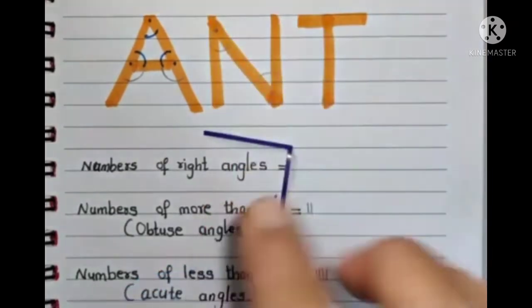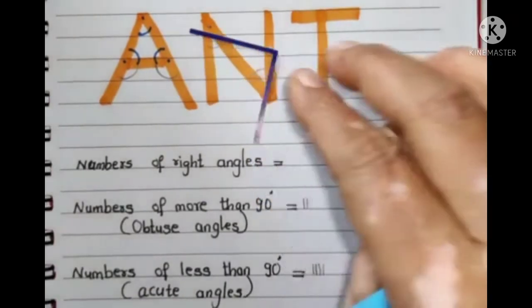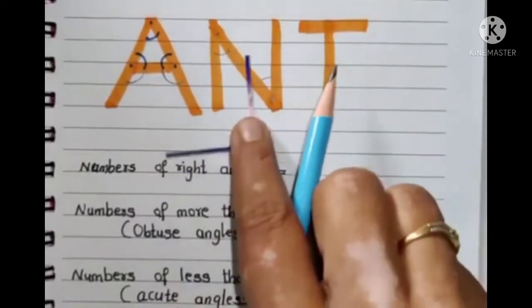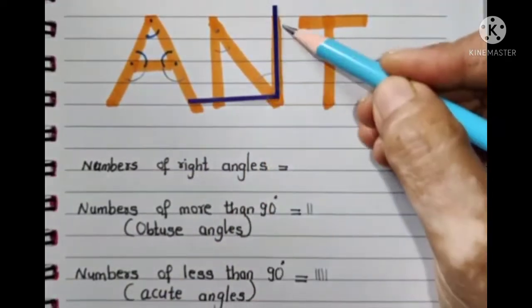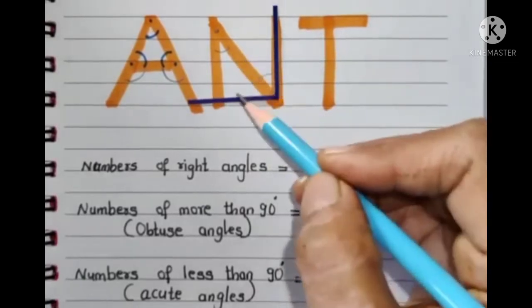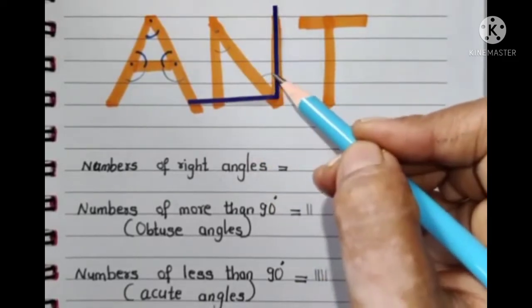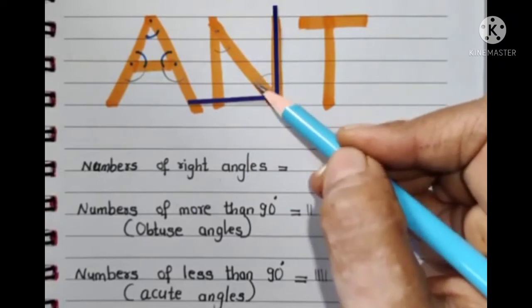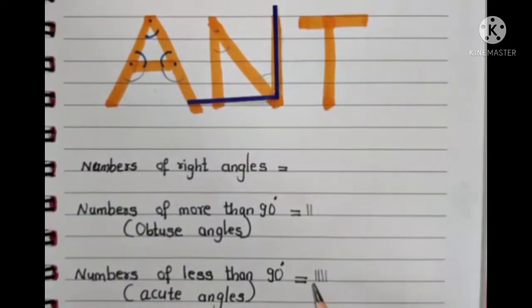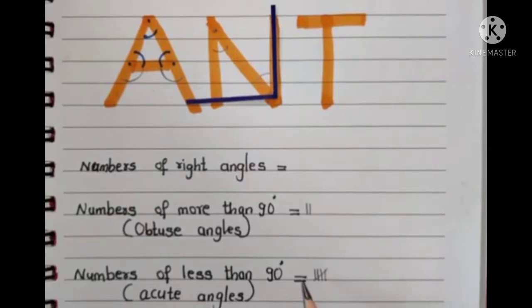Now this vertex we are going to overlap with the vertex of the 90 degree, in such a manner that one line overlaps with the line of this 90 degree, so we can find out whether the other arm of the angle is within 90 or outside 90. This arm is within 90. Could you see, it has not yet come towards 90, it is still inside. So it is an acute angle. So here we got 1, 2, 3, 4 lines and the 5th line makes one bundle, a set of 5. So we got 5 here.